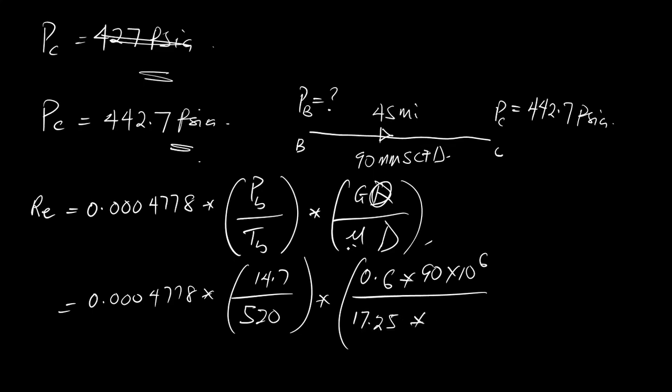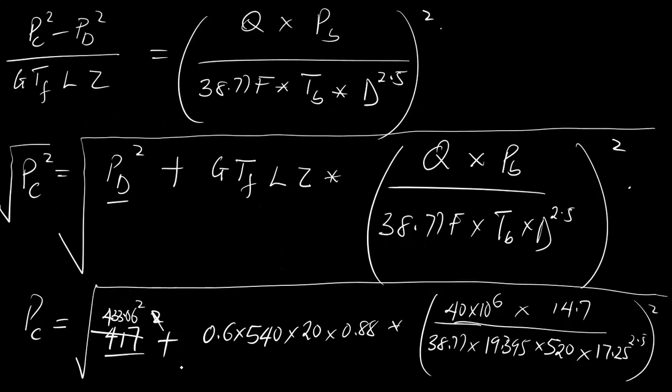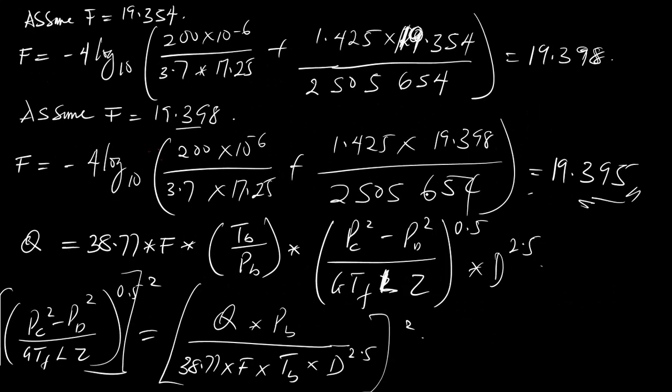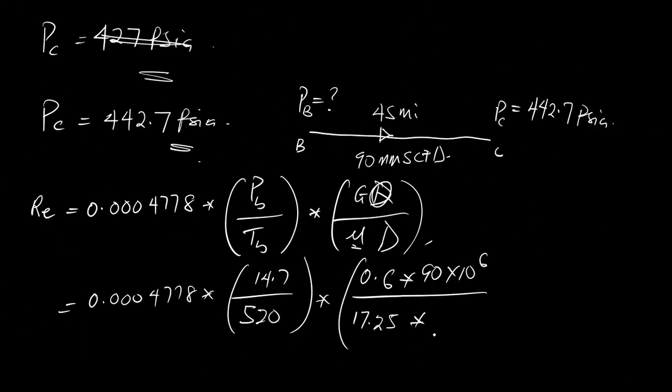Now divide by the viscosity. Now let's look for what is the viscosity. The viscosity is 7.5 times 10 raised to the power minus 6.